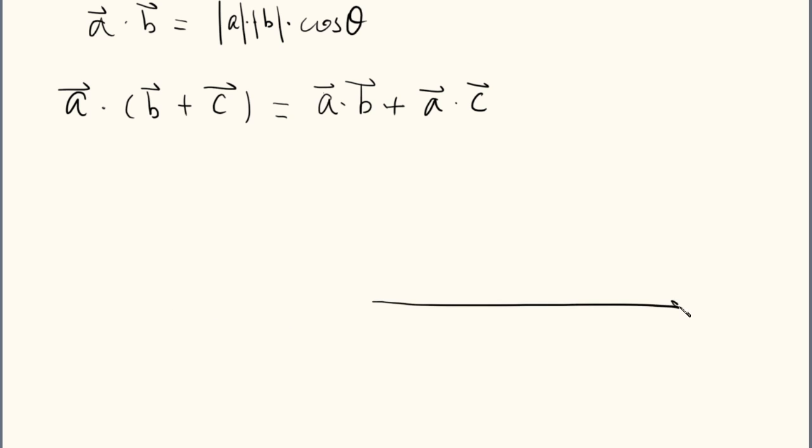This is vector A. This is vector B, vector C. So this is vector B plus C.